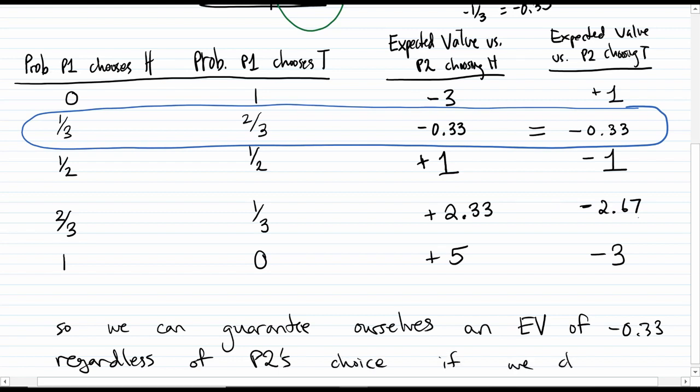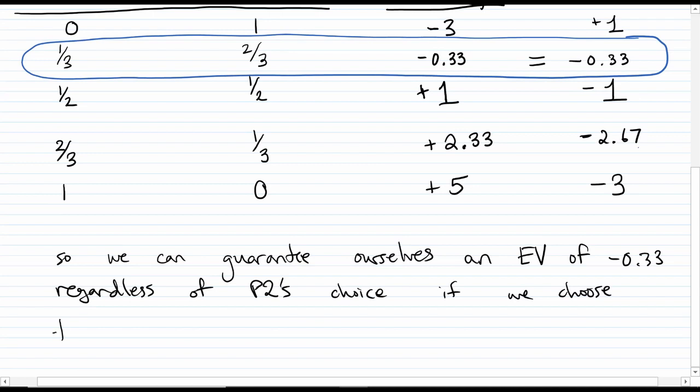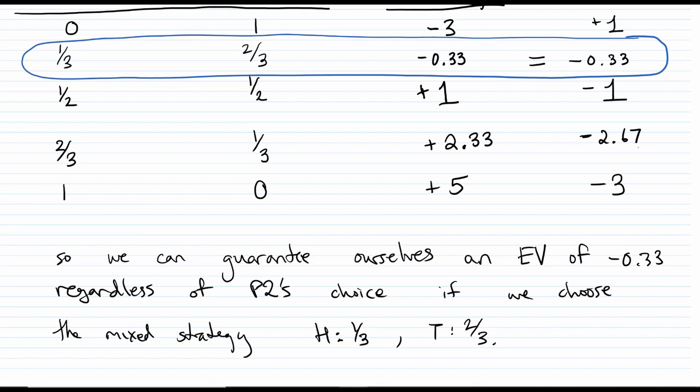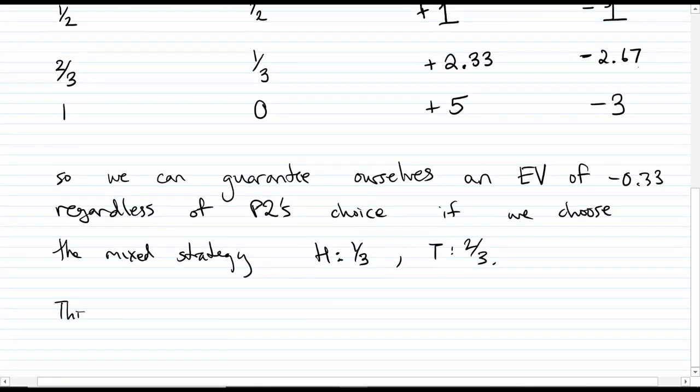If we choose the mixed strategy of heads 1/3 of the time and tails 2/3 of the time, this makes our expected value versus player 2 choosing heads equal to our expected value versus player 2 choosing tails.